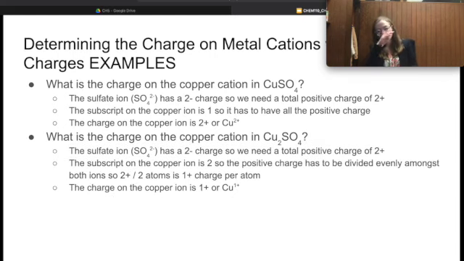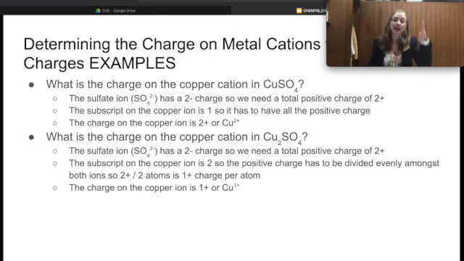So what am I saying here? The sulfate ion always has a 2 minus charge, so we know that we need a total positive charge of 2 to balance that out. However, the subscript on the copper ion is 2, so that positive charge of 2 plus has to be divided between 2 different atoms.